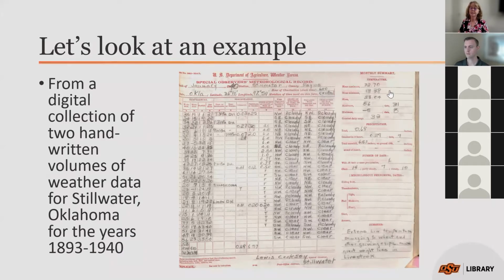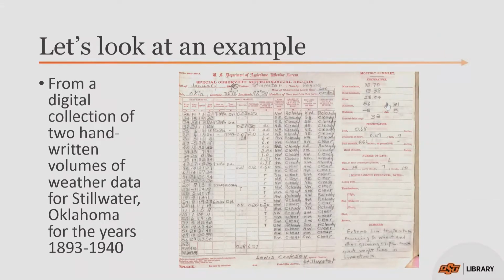Then on the right-hand side, there's summarized data: temperature means, maximum, minimum, and precipitation, same. And if you go all the way down to the bottom, there are some notes penciled in about extreme low temperatures damaging to wheat, etc.